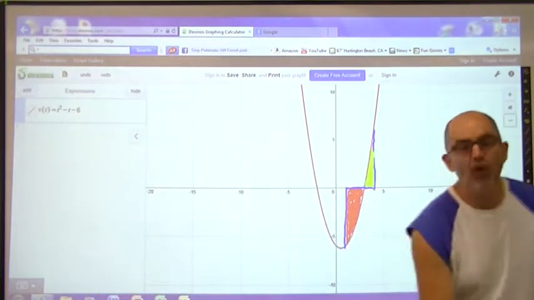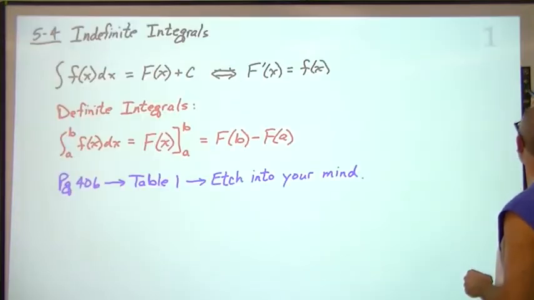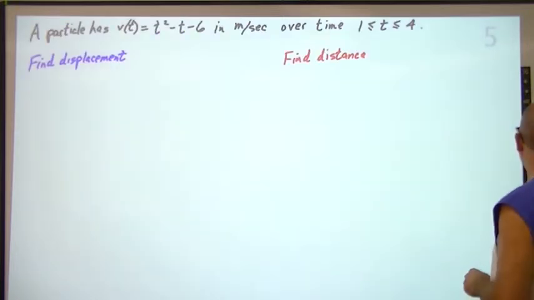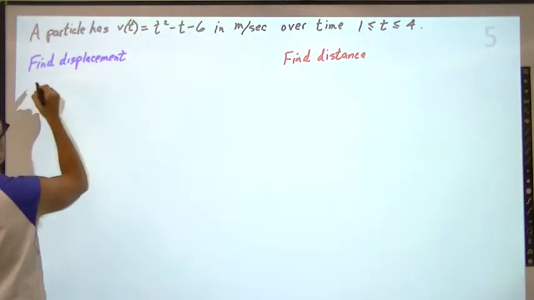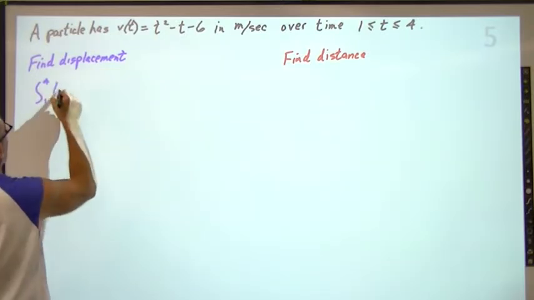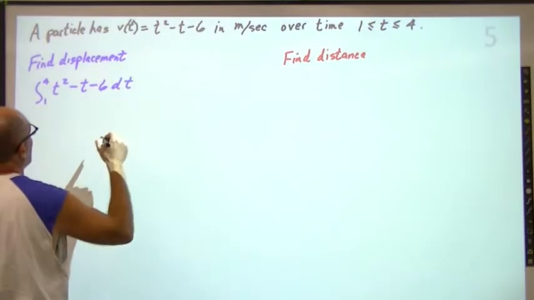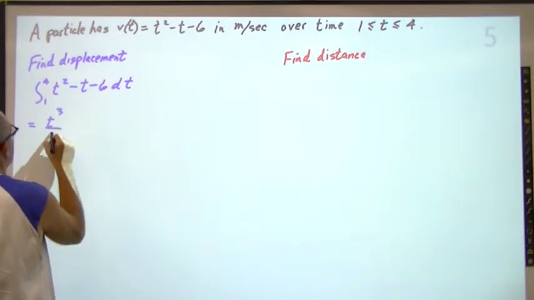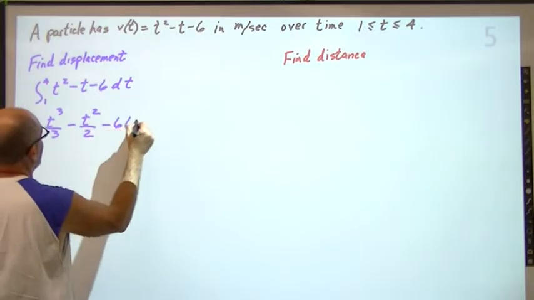Okay, so let's do this thing. All right, so displacement is merely the integral from 1 to 4 of my velocity. So that equals t cubed over 3 minus t squared over 2 minus 6t.